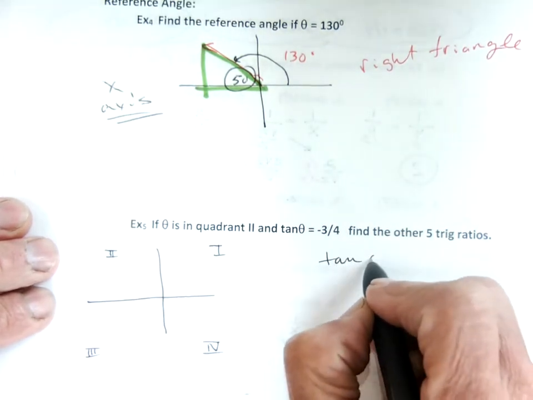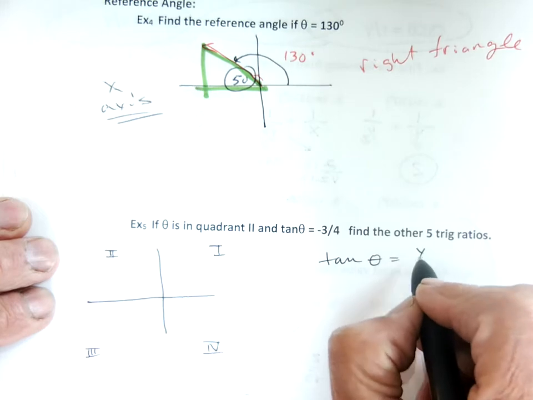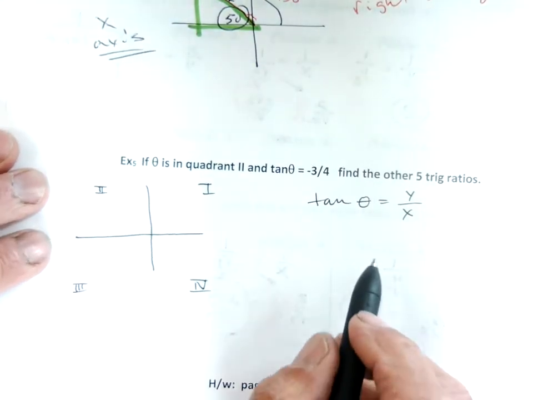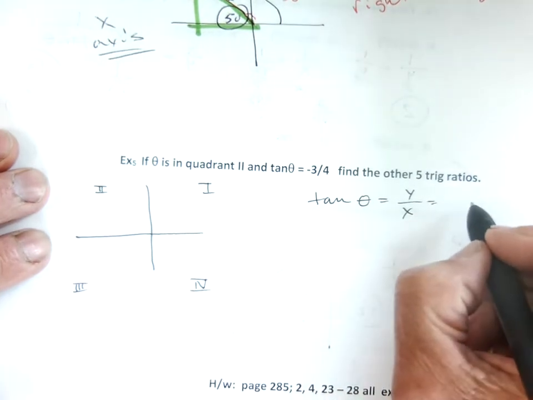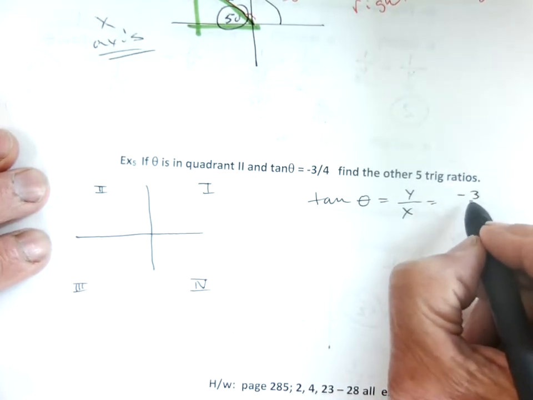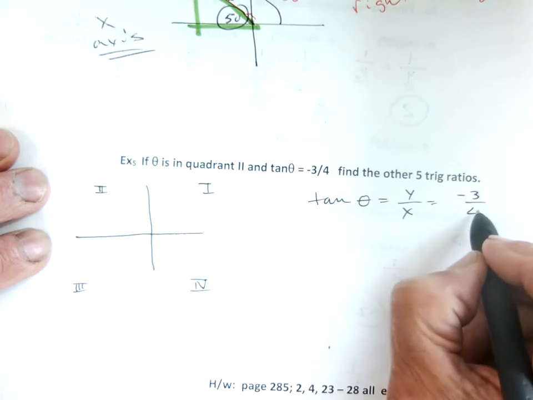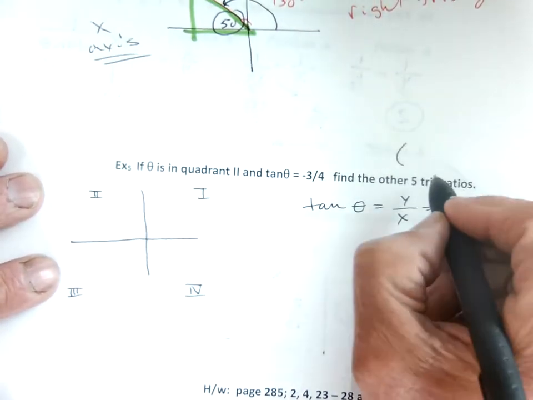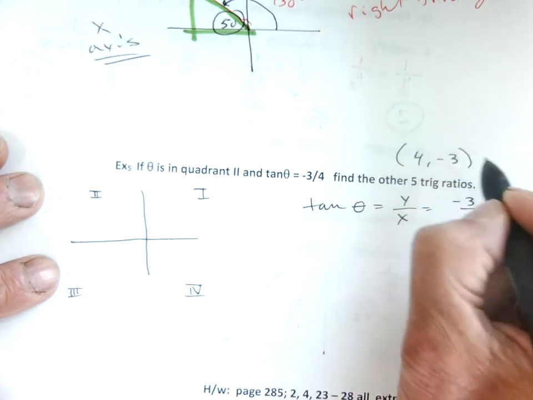Tangent is a y value over an x value, okay? So I have a y value of -3 and an x value of 4. So that means, in a sense, I have a coordinate of 4, -3.